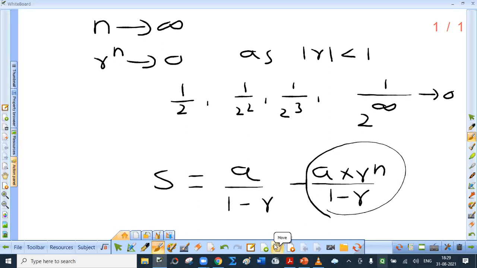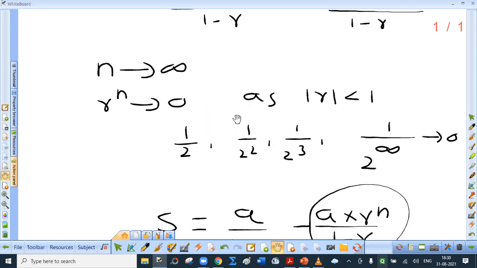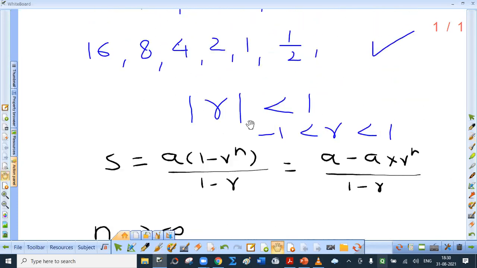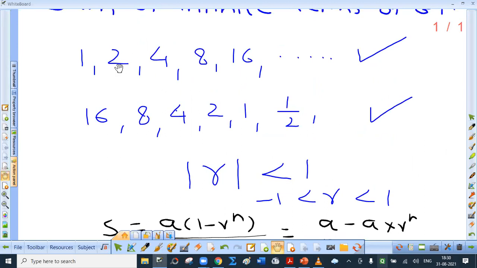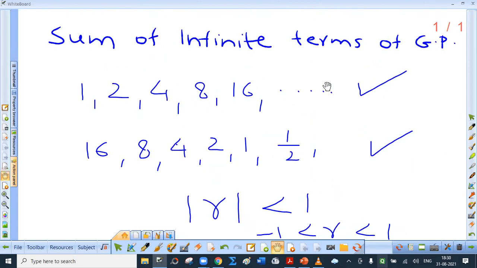See, proof will not be asked in exam. Still, I'll explain the proof once again. What is our aim? Our aim is to find sum to infinity of geometric progression. Use common sense. If the common ratio is greater than 1, then term at infinity is infinity itself. So there is no point in adding terms to infinity because it is not a real number.